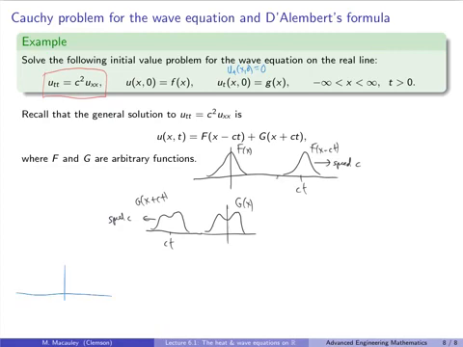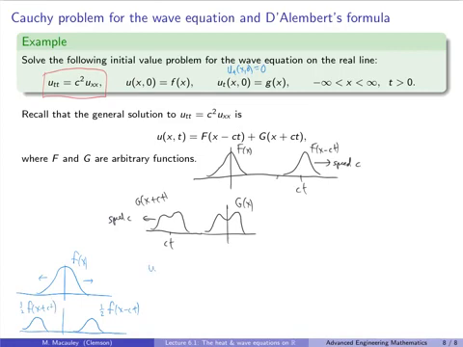Here we have a function f of x, and then at time t bigger than 0, intuitively it's going to split half left and half right. So this is 1/2 f of x minus ct, and this is 1/2 f of x plus ct. That should make sense physically.